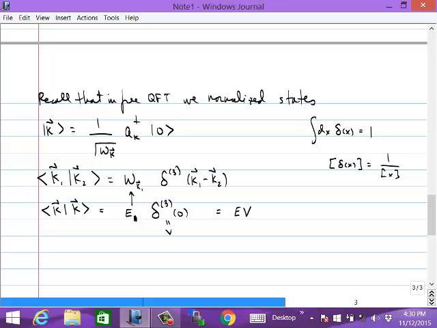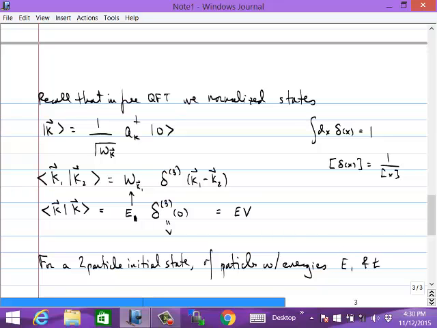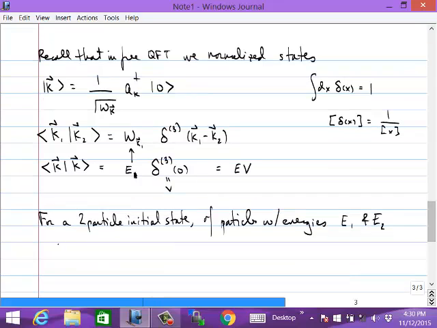So what does this mean? This means that for a two-particle initial state of particles with energies E1 and E2, what is the norm of the initial state?